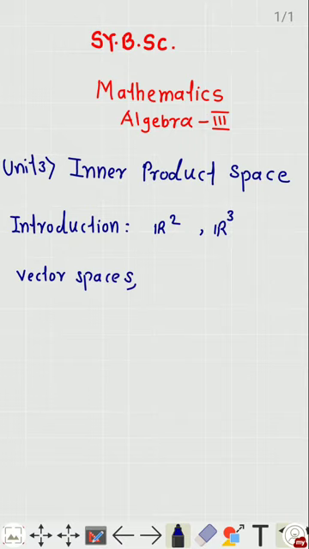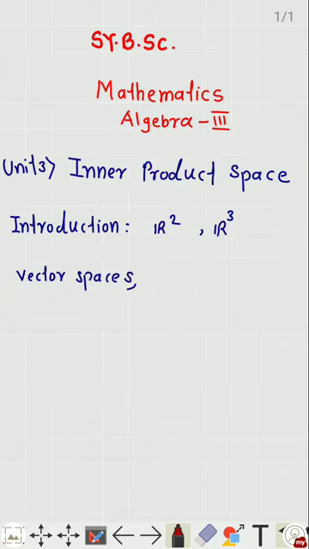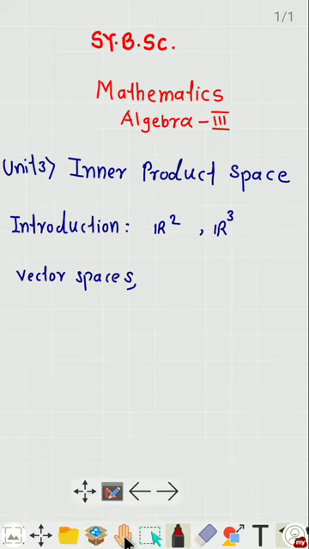Now let us define the inner product on a real vector space. So let us start to define the real vector space or definition of inner product. First of all, we define what is inner product.